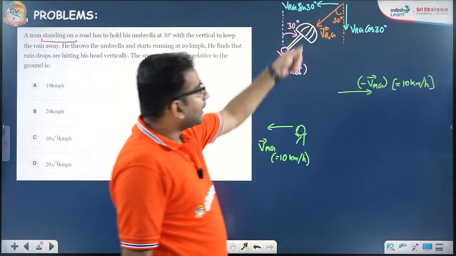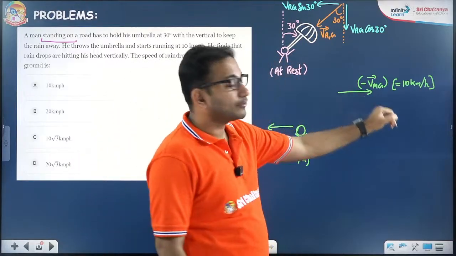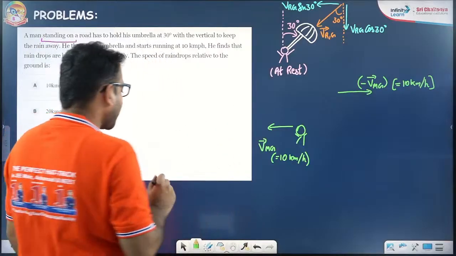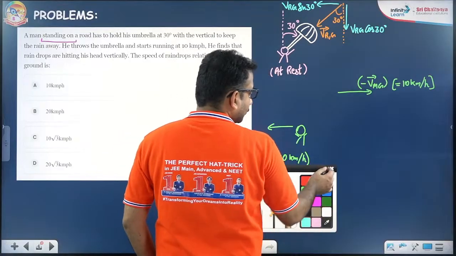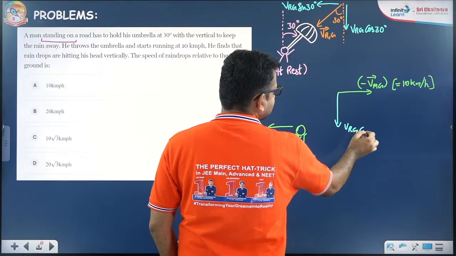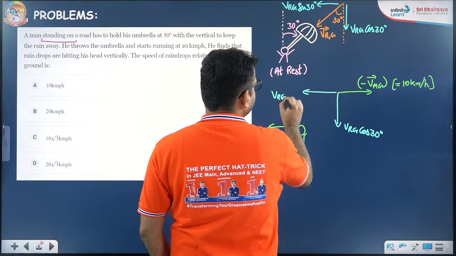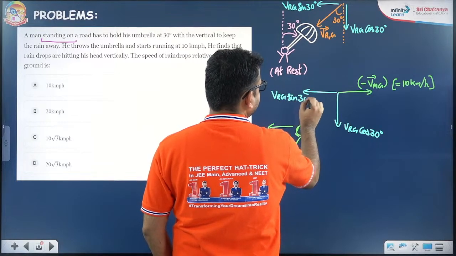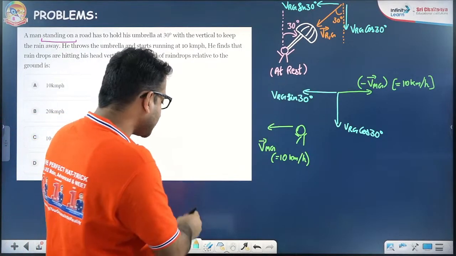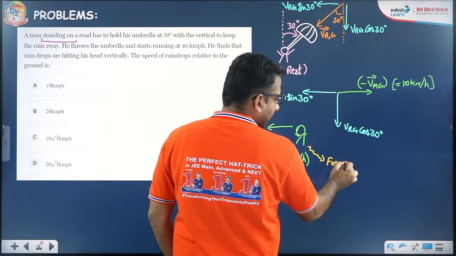Actual velocity of rain I have already shown. Velocity of observer is like this. I'm trying to take the negative of the velocity of the observer, that is there in front of you. Now, you will say this is already VRG cos 30 degrees and this is VRG sin 30 degrees. What they are saying is that the rain appears to fall vertically for the moving man.